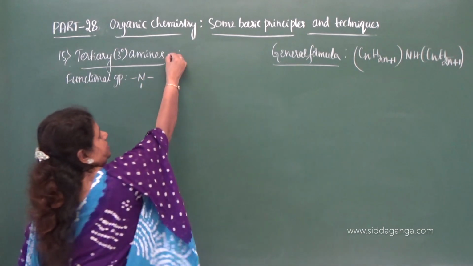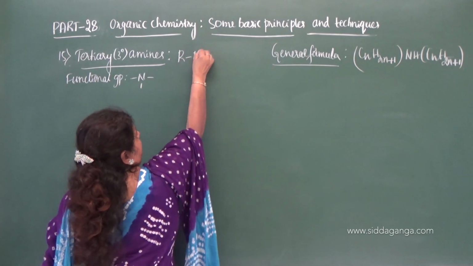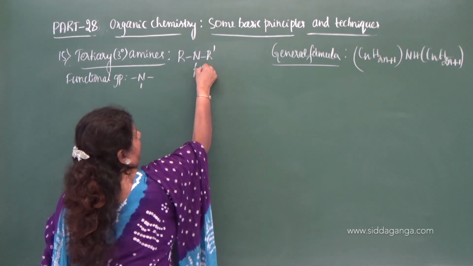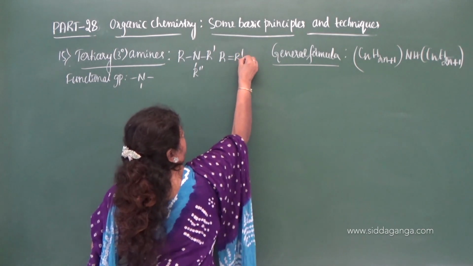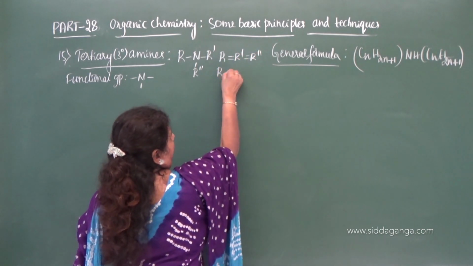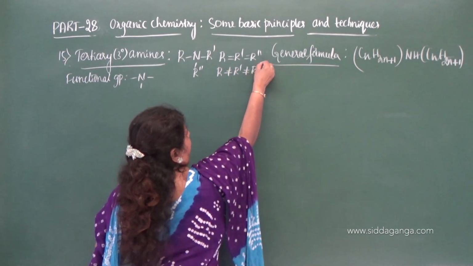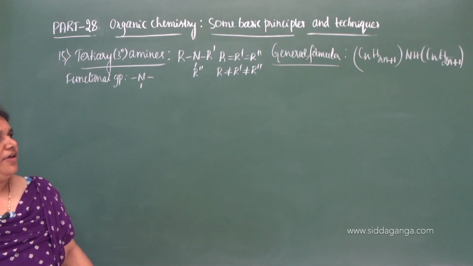So trivalent N. General representation R dash, R double dash. R, R dash and R double dash may be same or they may be different. Now, what is the general formula? Very simple.